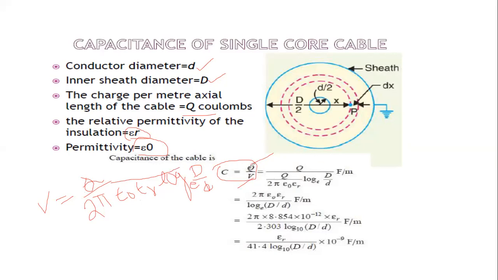Therefore C is equal to Q by V, which is Q divided by Q by 2 pi epsilon naught epsilon r log e D by d.